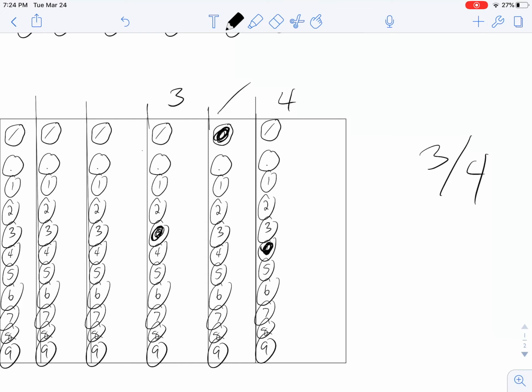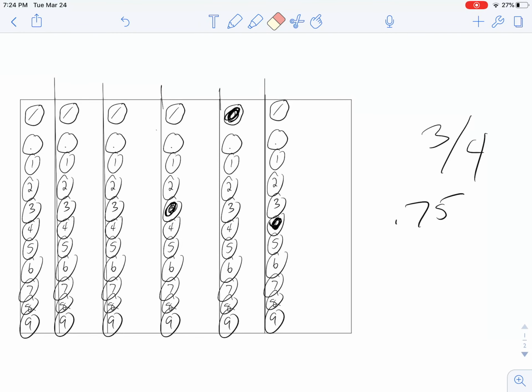Of course, we know 3/4 is equal to 0.75. So let's say we don't want to bubble in 3/4, we want to bubble in the decimal. You can do that as well. You could put in the decimal point as the first bubble, and then 7 and 5.